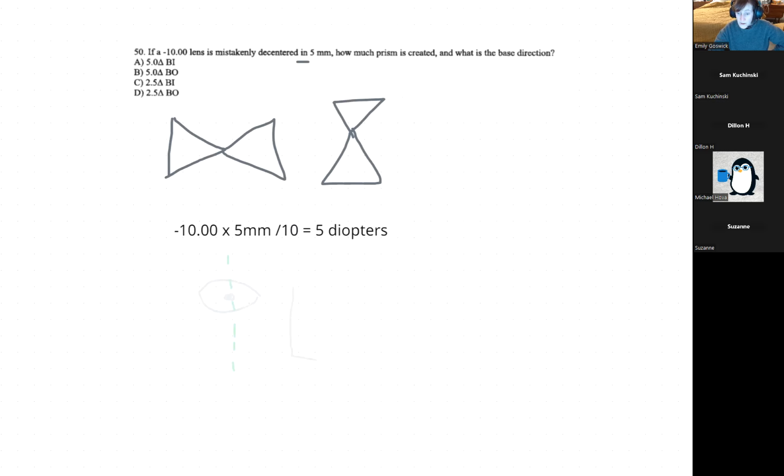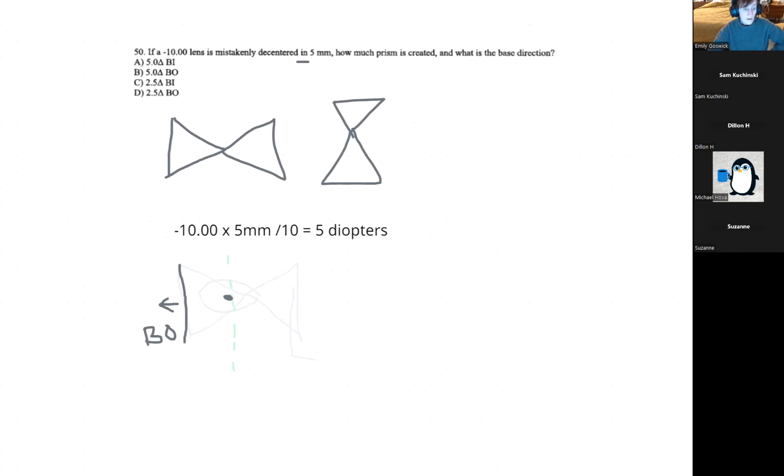But because we got decentered 5 millimeters in, we're going to put the apexes over here. So if we ask, where is this person actually looking through? This is their pupil. This is the direction of the base over here. So here's their nose over here. This is base out.